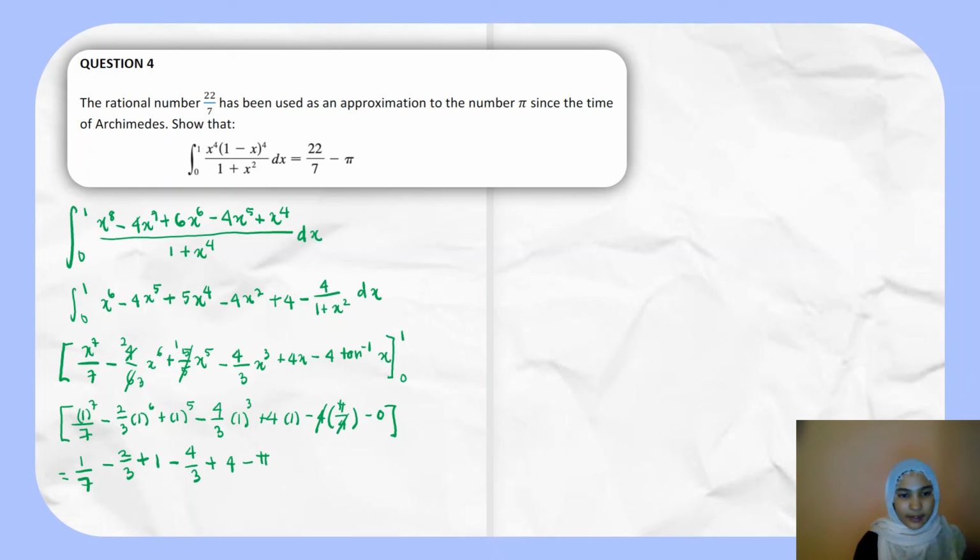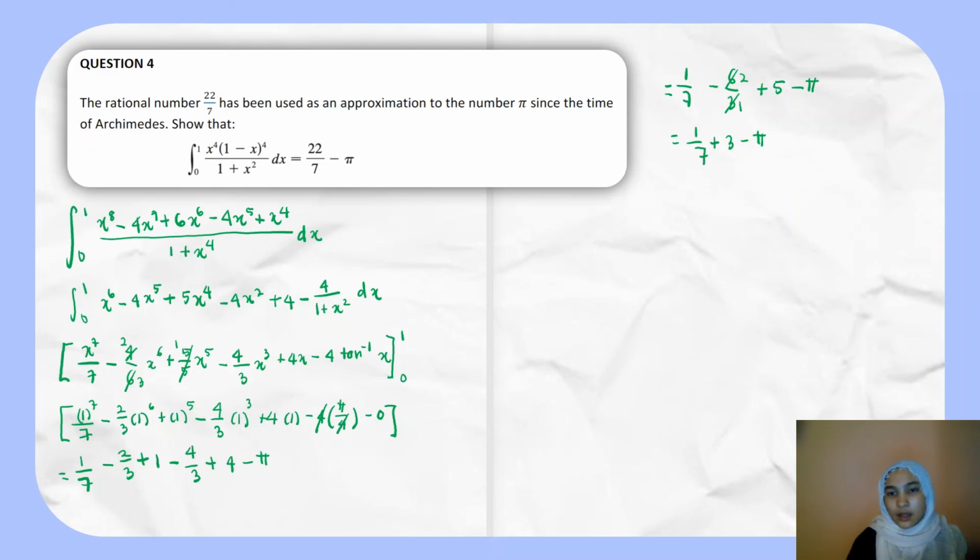So simplify it again, and then you will get 1 over 7 minus 6 over 3. This can be simplified as 2. Then plus 5 minus pi. So you will get 1 over 7 plus 3 minus pi.